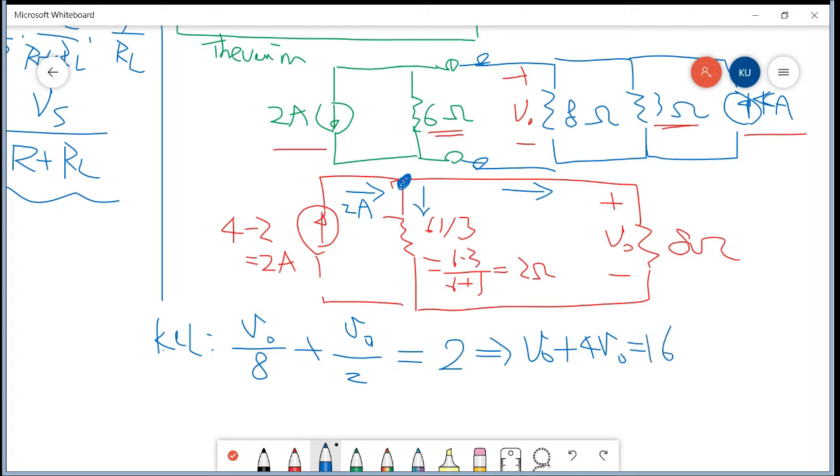So VO is 16/5, which is 3.2 volt. So finally, we get the answer. VO equals 3.2 volt.